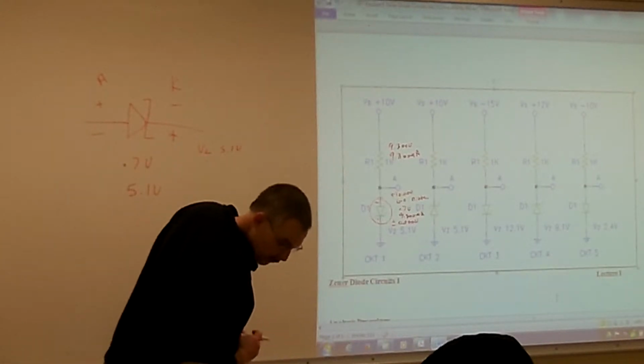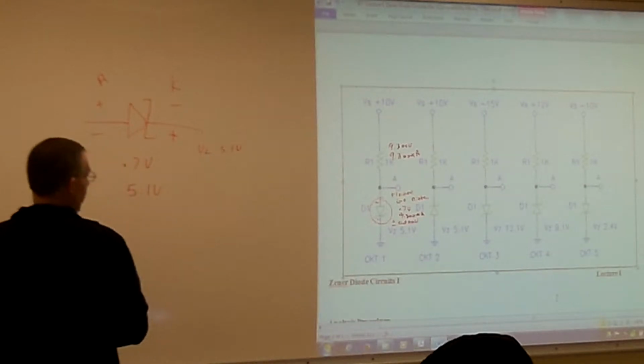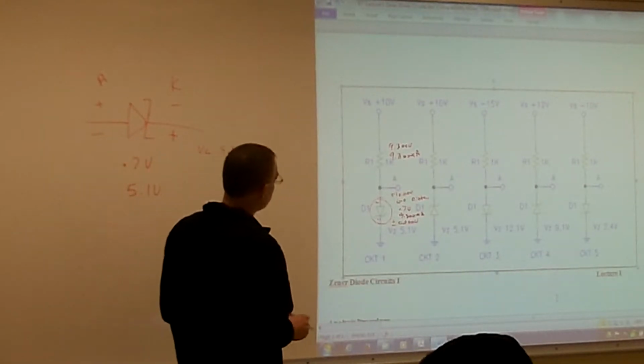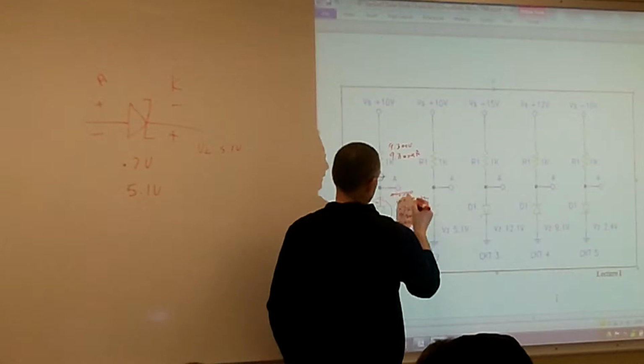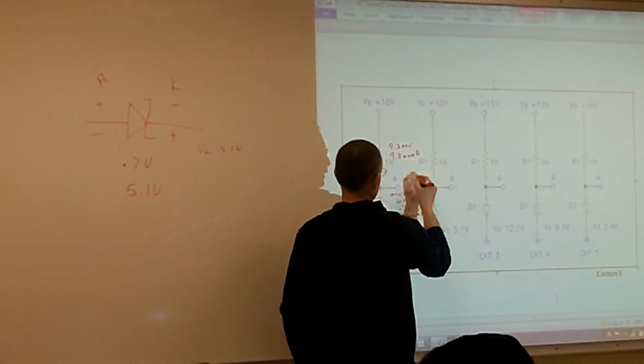All right, let's jump back up. What's my voltage going to be at test point A? Plus 0.7 volts.